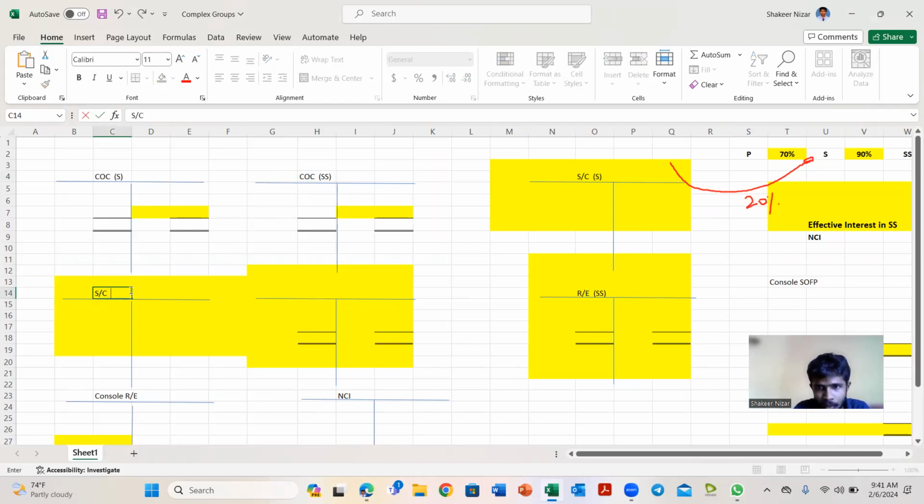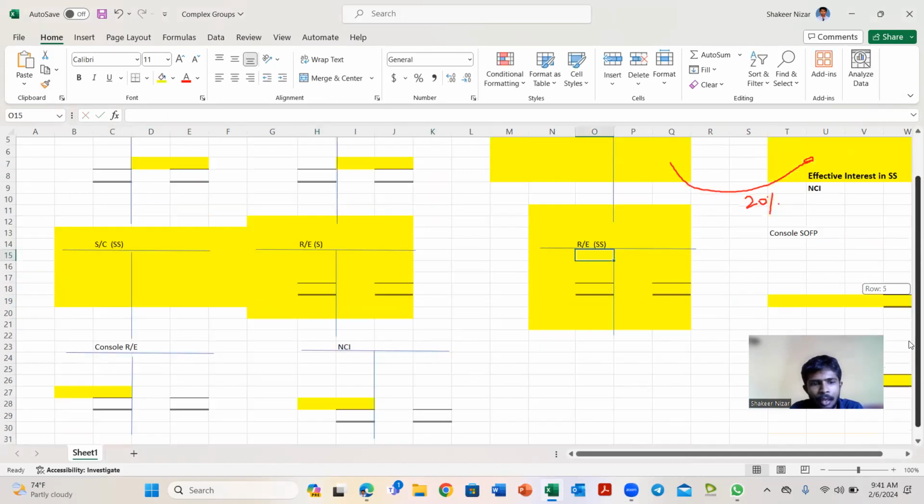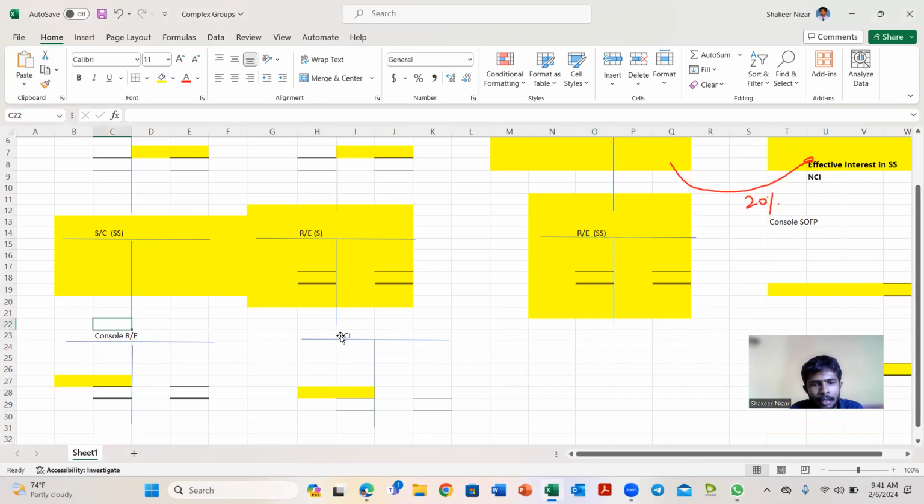Here we have S stated capital, the retained earnings of subsidiary, the consolidated retained earnings, then NCI.